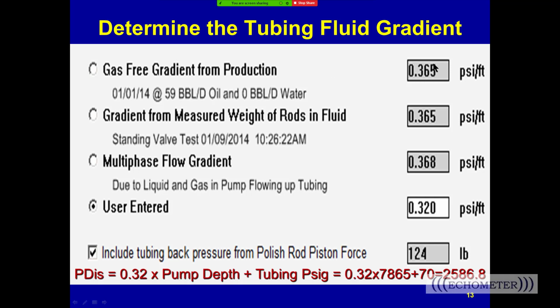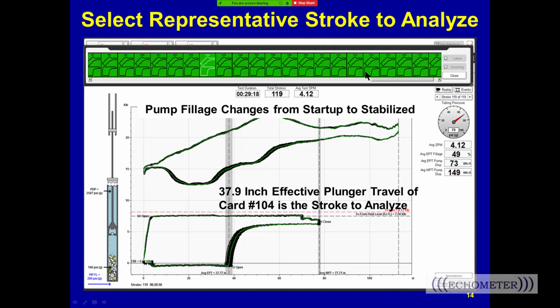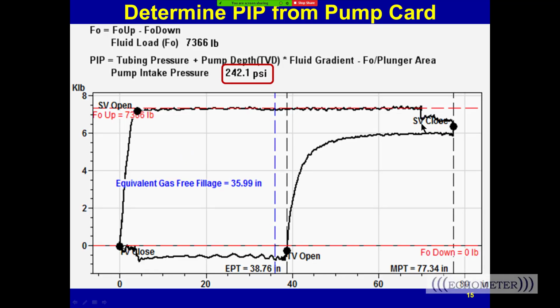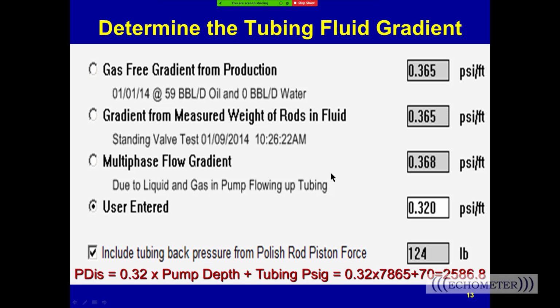And so in this case right here, I didn't use a default 0.365 tubing fluid gradient of oil because I thought that this meant there's gas in the oil going up the tubing, and that's going to make the gradient less. And so that's why right here I put in a lower tubing fluid gradient.